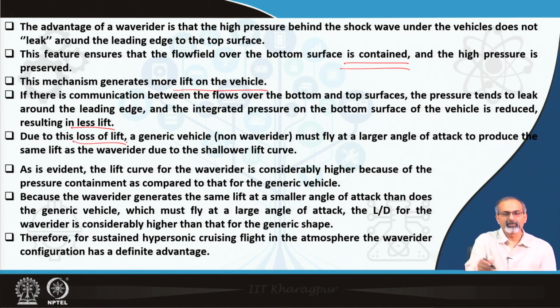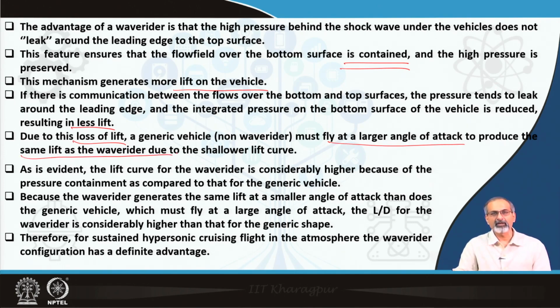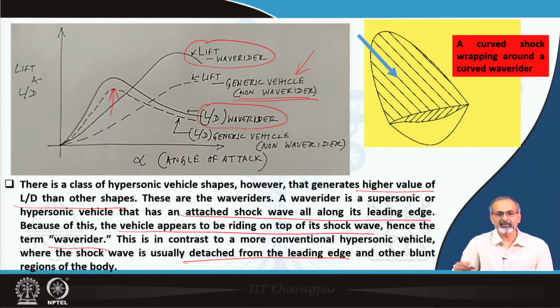Due to this loss of lift, a non-wave rider design must fly at a larger angle of attack to produce the same lift as the wave rider, due to the shallower lift curve. So, if you go back to this curve and say that I have a particular lift requirement, then you see that the alpha corresponding to the non-wave rider is definitely larger than the alpha corresponding to the wave rider.